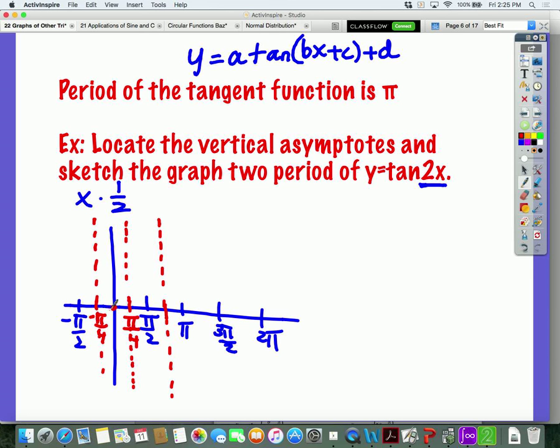And I didn't get flipped over any axes, did I? No, so I'm still going to curve up this way, curve down this way. And that point that was at pi, 0, is now going to be at pi over 2, 0.